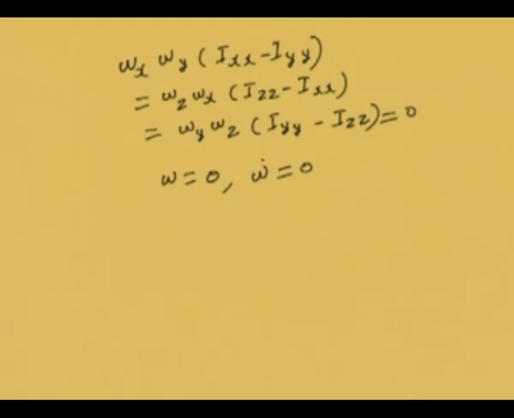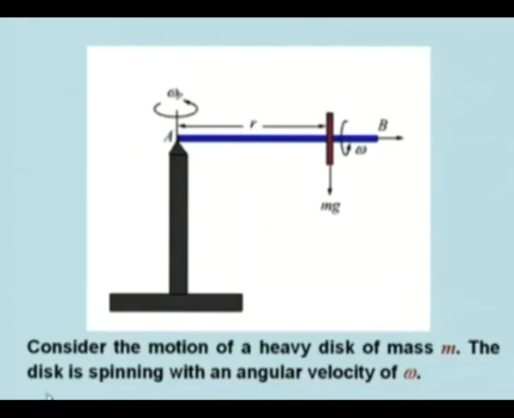So we have now understood the Euler's equation, and we will now discuss a very interesting phenomenon that is called gyroscopic motion. Without giving any formal definition of gyroscopic motion, I would draw your attention to the following figure.